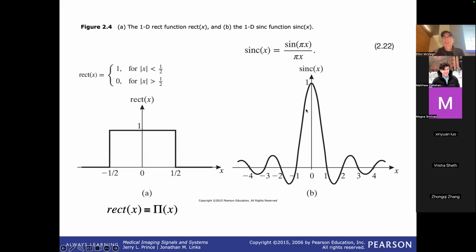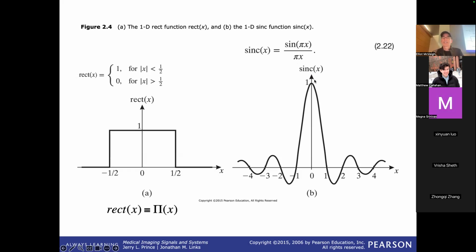And then this function is called a sinc function, which has a peak, and then it sort of has these wavy wings that go along like this. It oscillates like a sine wave. Here our frequency is 1, so it's going through this way, right? It also decays as x gets larger.